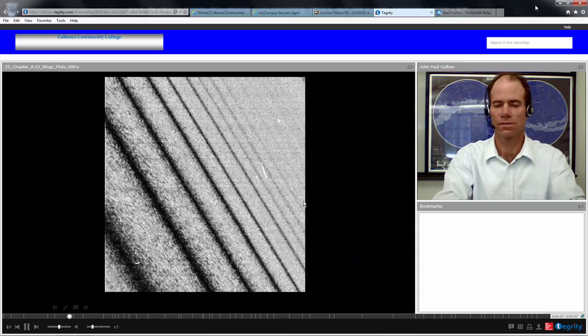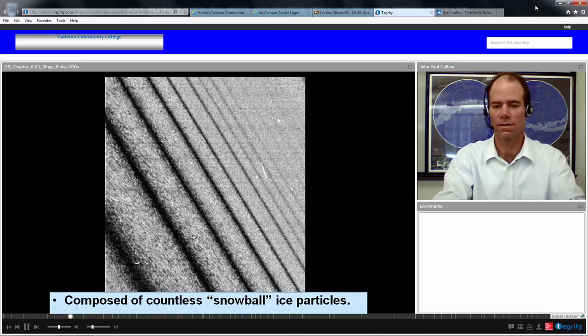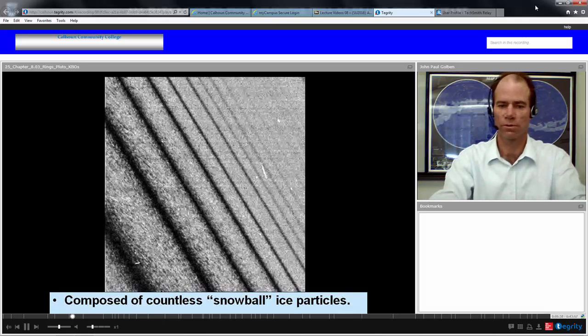Here's a nice recent picture taken by Cassini showing some detail to the rings and showing that they seem to consist of snowball ice particles all conglomerated together to form the rings.